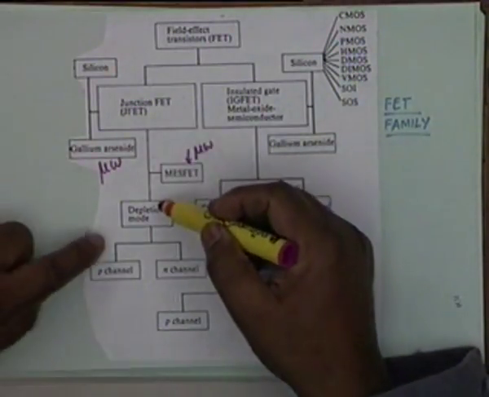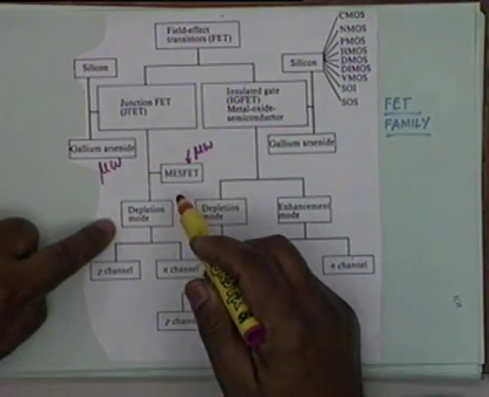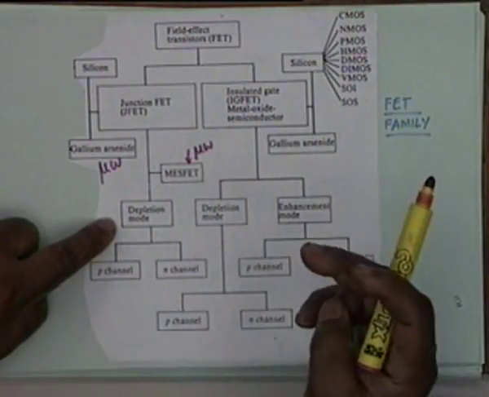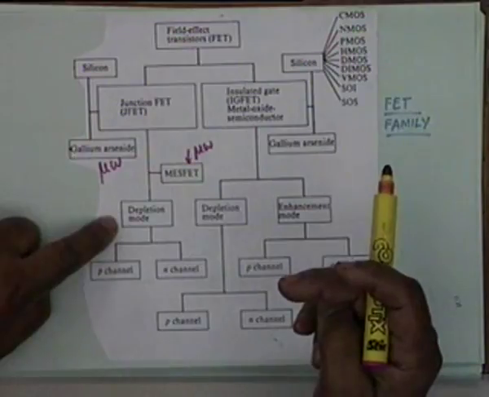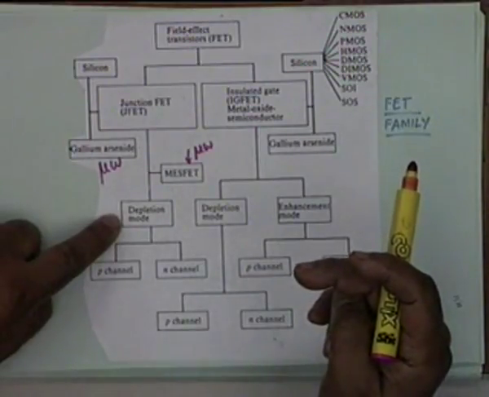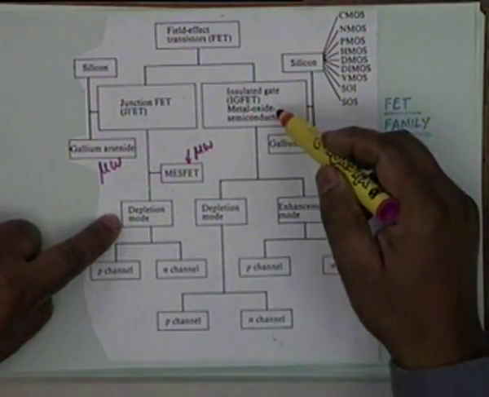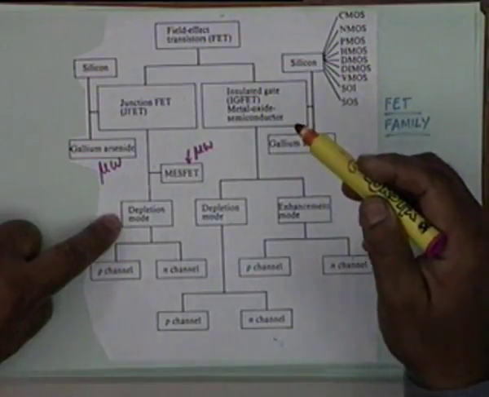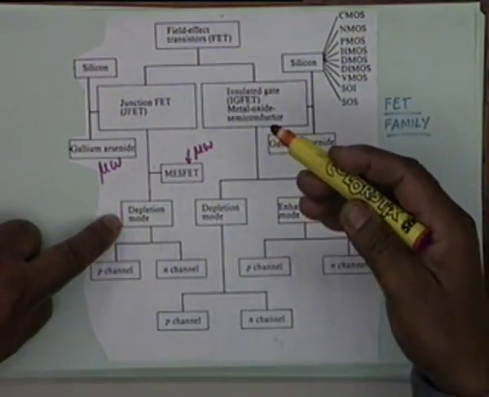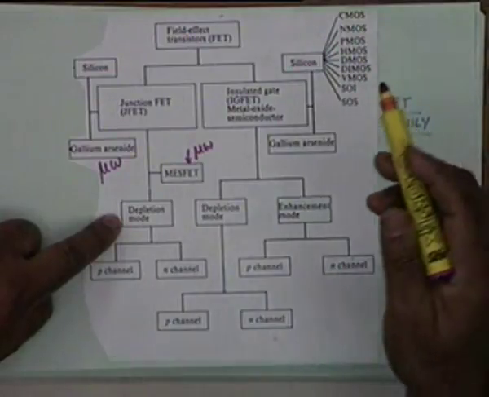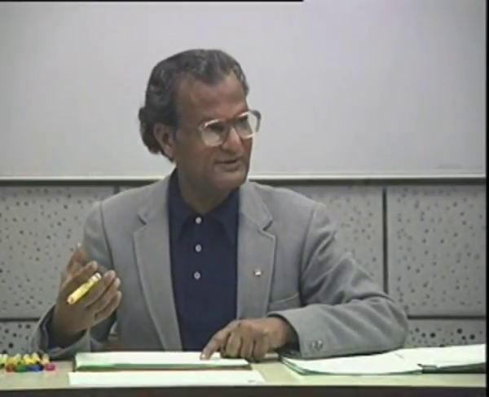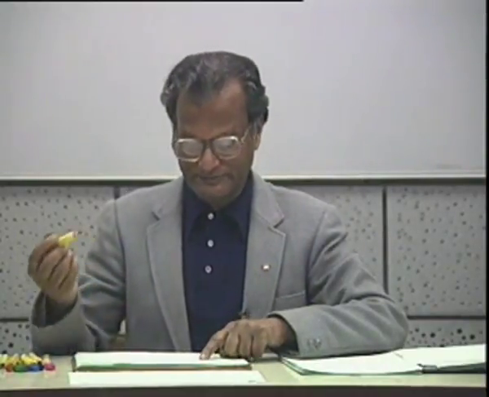Now, junction FET basically occurs in depletion mode because a PN junction is reverse biased and there is depletion created. As you will see, MOSFET can work either in depletion or in enhancement mode. That means it can enhance, it can create more electrons, and it can enhance the current flow.